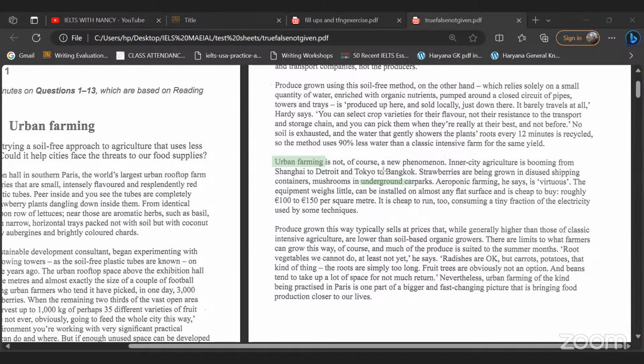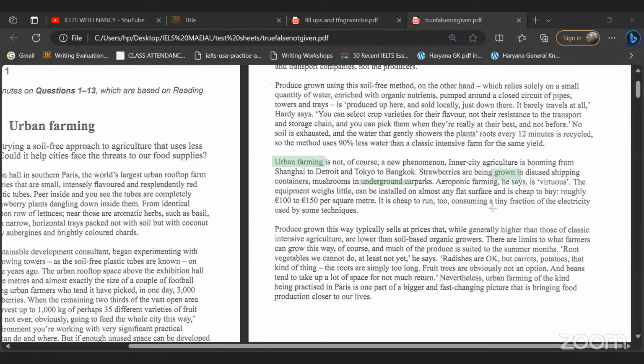Now, urban farming is not, of course, a new phenomenon. Inner city agriculture is booming from Shanghai to Detroit and Tokyo to Bangkok. Strawberries are being grown. Yes, they are talking about growth, right? In disused shipping containers, mushrooming in underground car parks. Aeroponic farming, he says, is virtuous. The equipment weighs little, can be installed on almost any flat surface, and it is cheap to buy, roughly around 100 to 150 euros per square meter.